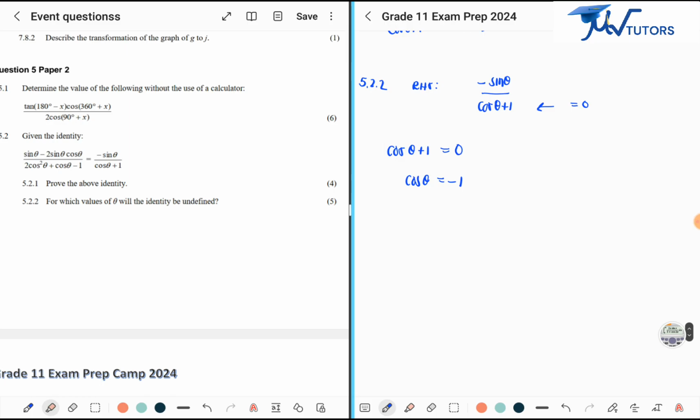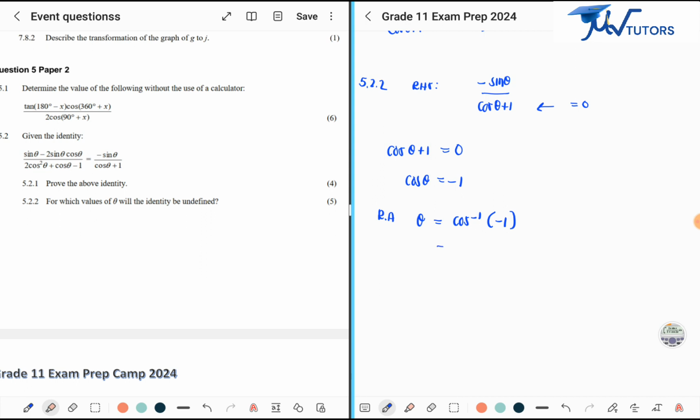Now how do we get our reference angle? There are two ways of doing it. I like asking my students. I have two ways of solving this. The one way, when we're getting our reference angle, is to say theta equals arc cos, and we include the -1.